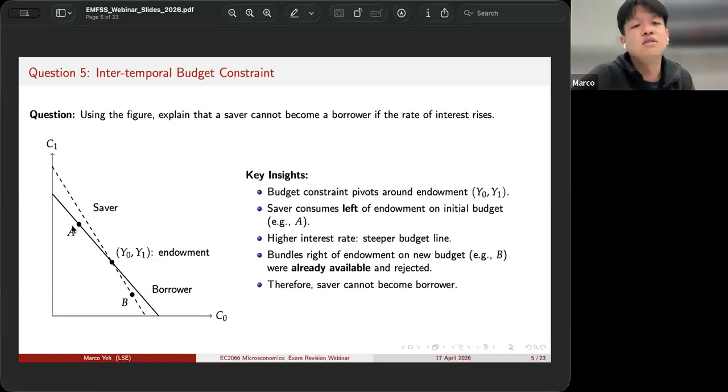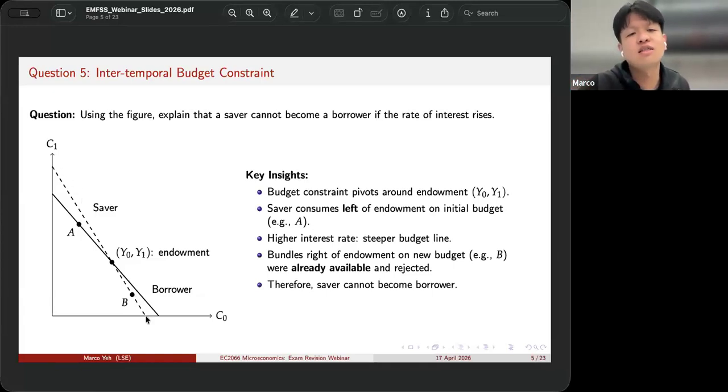Suppose under the second scenario, I have a higher interest rate, so I'm changing the slope of my budget constraint line, making it steeper. If I change my mind to be a borrower, you are telling me I'm choosing a bundle to the right-hand side of the endowment point on the dashed budget line.